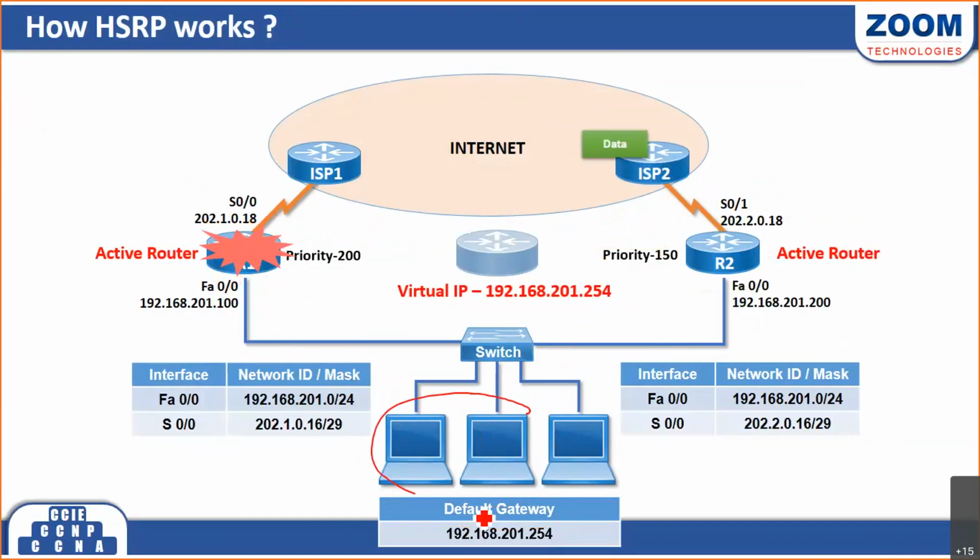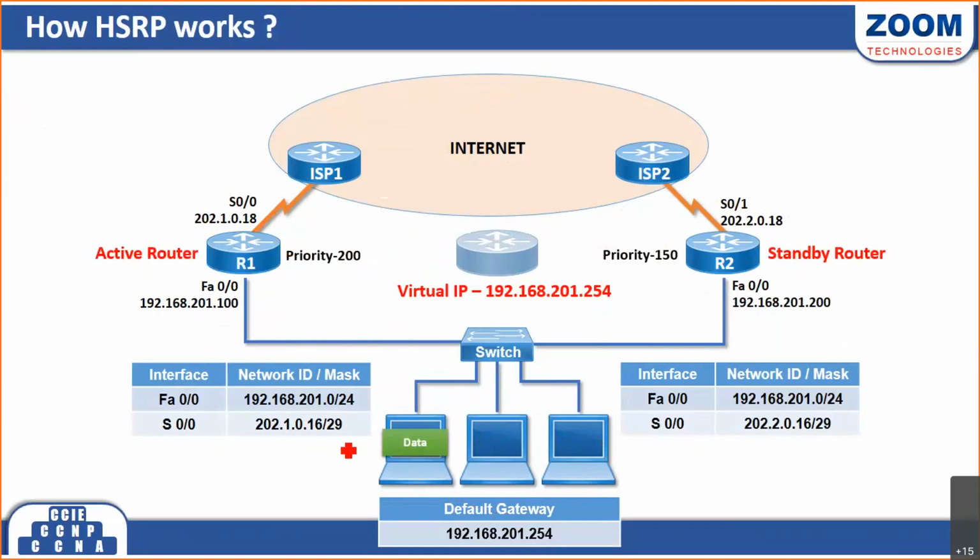Without any knowledge, they are reaching the internet. But in the back end, the network team is going to configure router 1, router 2, HSRP, VRRP, standby, active, virtual IP. Everything is managed by our network team. We're just providing proper internet services for your LAN users.